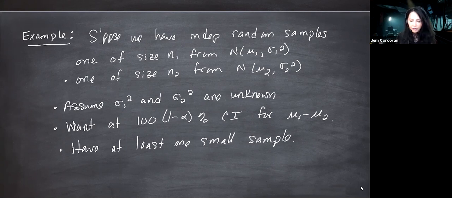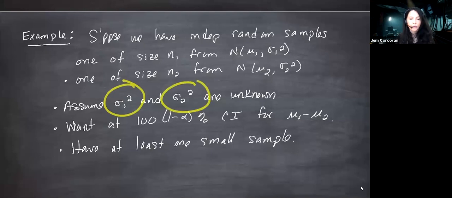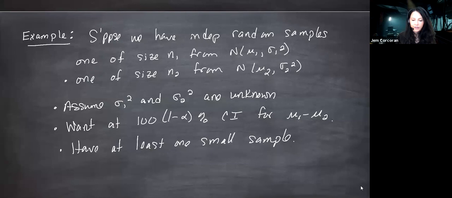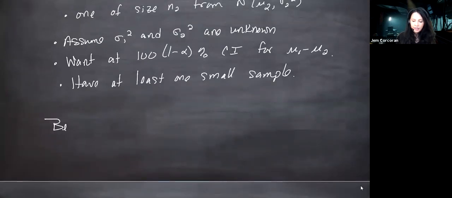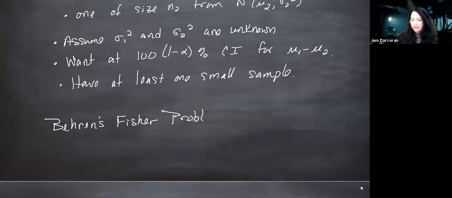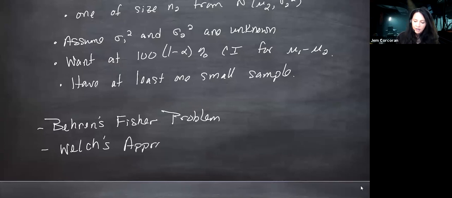Now, if you can't assume sigma 1 squared is equal to sigma 2 squared, then there is no exact answer to this. This is a hard problem known as the Behrens-Fisher problem. And I'm out of time, but there's something known as Welch's approximation. You do not need to know this. You do not even need to write this down. I will never bring it up.